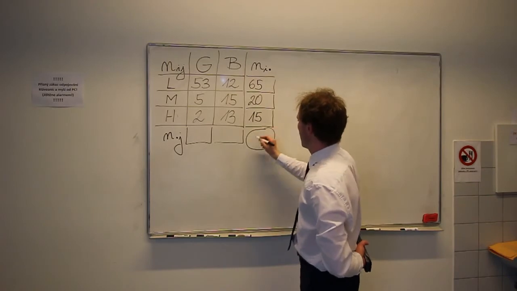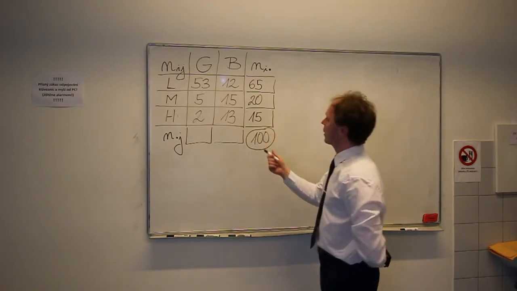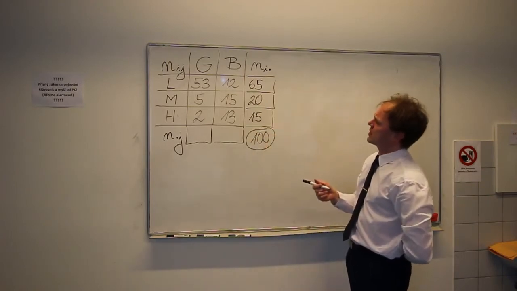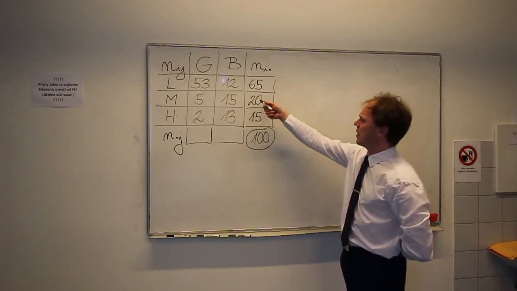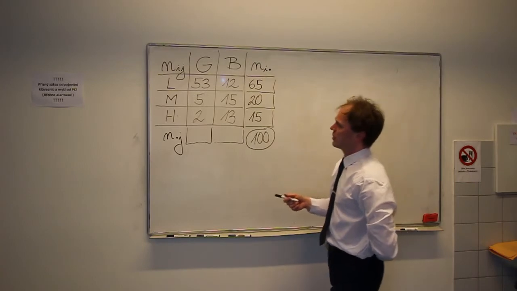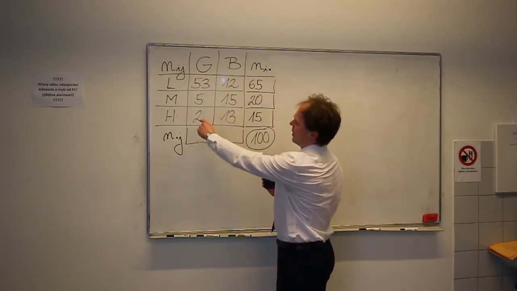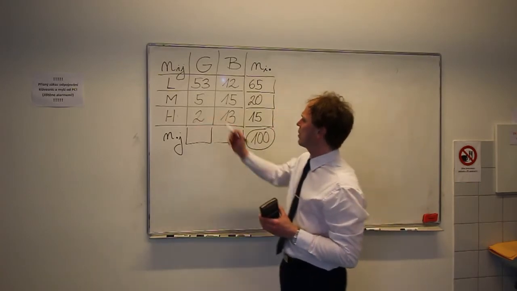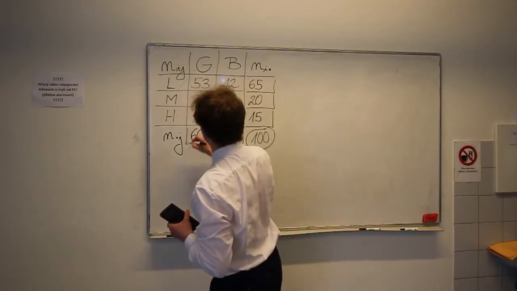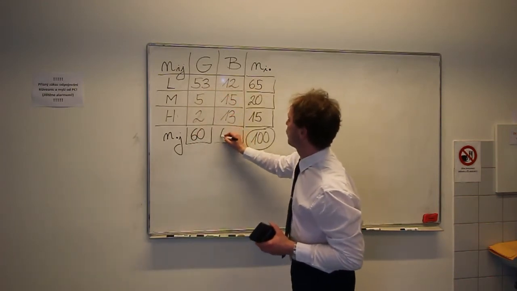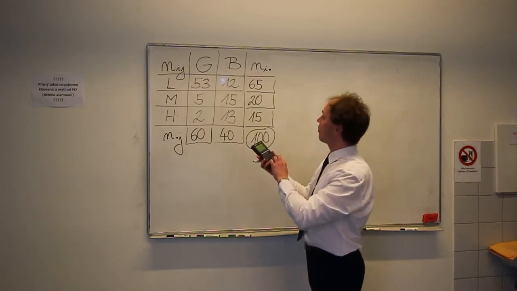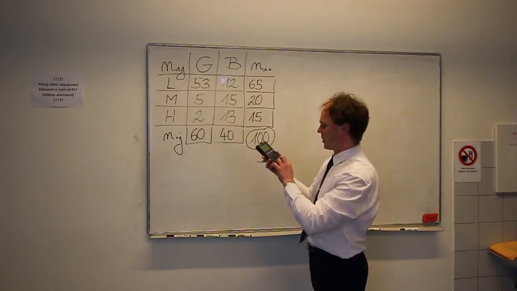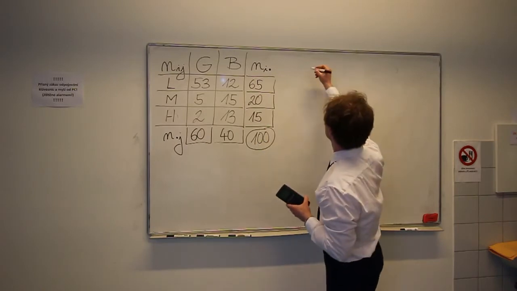Do you remember the 100 drinking drivers? 65 and 5 is 70, 80 and 20 is 100. 53 and 2 is 55 and 5 is 60. So 60 drivers here and 40 should be here, 12 plus 15 plus 13 is 40.